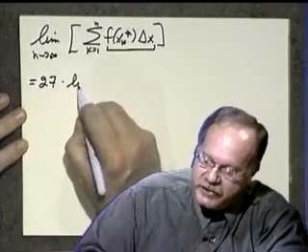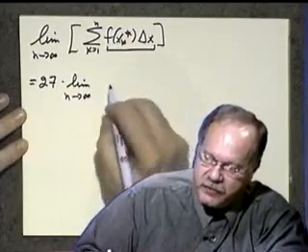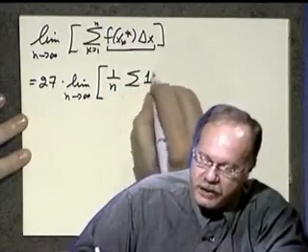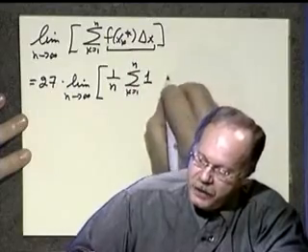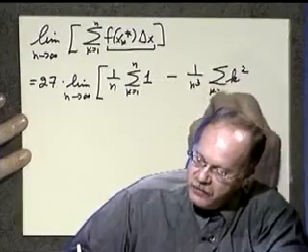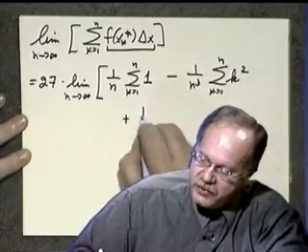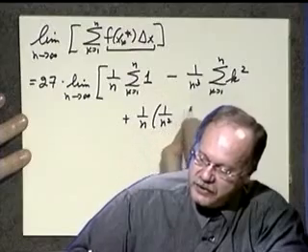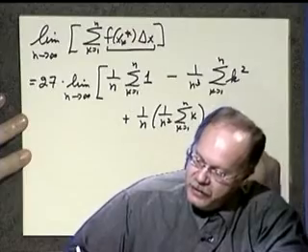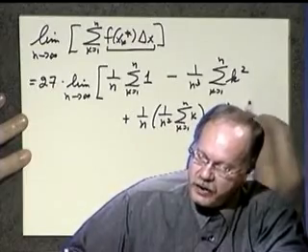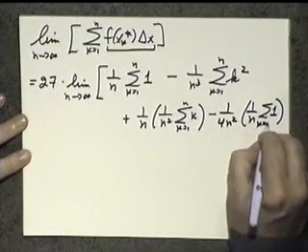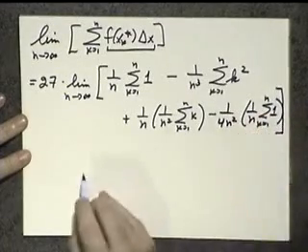And so we end up with 27 times the limit as n goes to infinity of, and here's what happens inside, 1 over n times the sum of the ones from k equals 1 to n, minus 1 over n cubed times the sum of the k squareds from k equals 1 to n, plus 1 over n times 1 over n squared, you'll see why we did that in a second, sum of the k's from k equals 1 to n, minus 1 over 4n squared times 1 over n sum of the ones again from k equals 1 to n. And this is the end of my brackets.